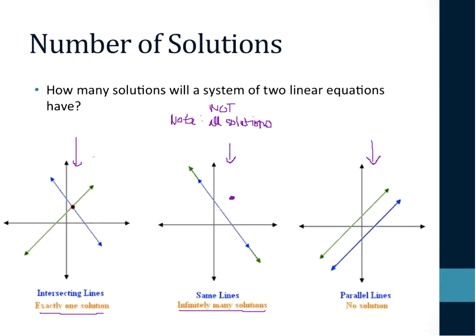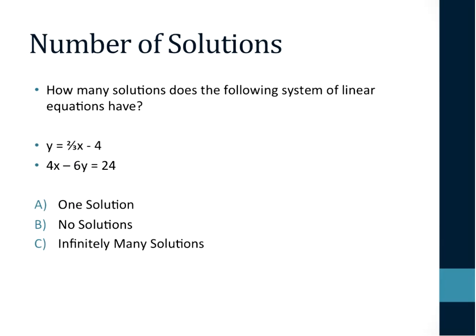So the three types of solutions we could get are one solution with intersecting lines, which is what we'll mainly be working with, but I don't want to exclude the idea that we could have infinitely many solutions or no solutions. So let's take a closer look at that then. I'm going to set a poll up for us here.